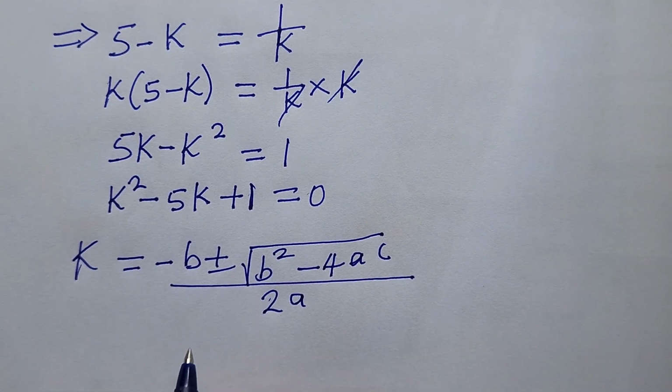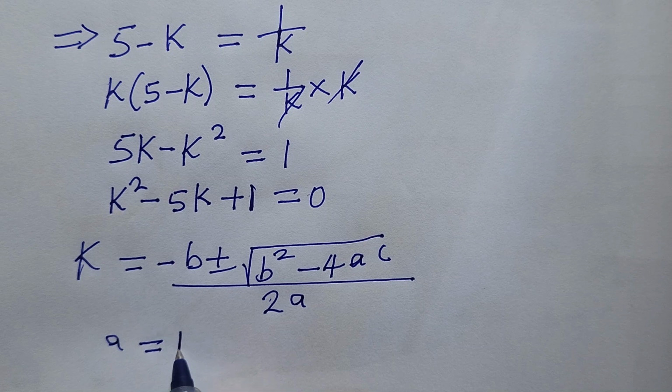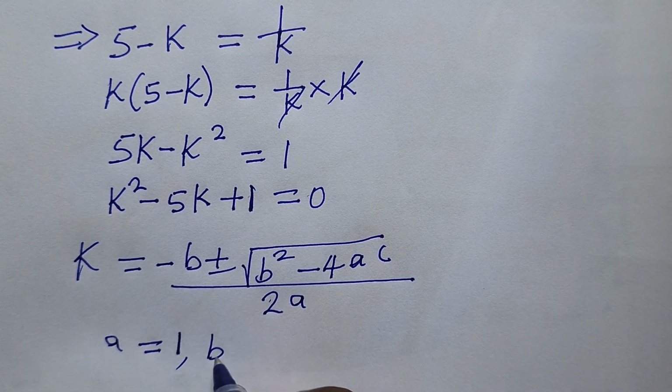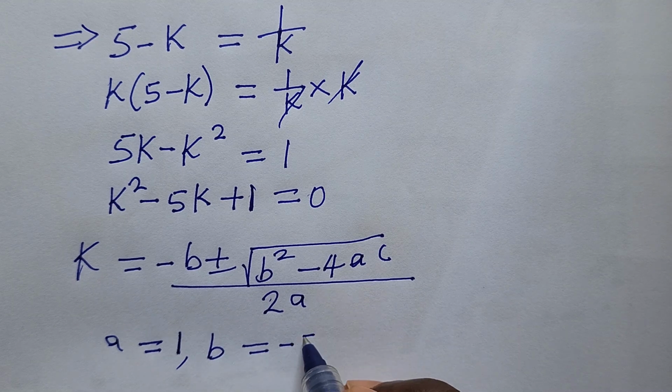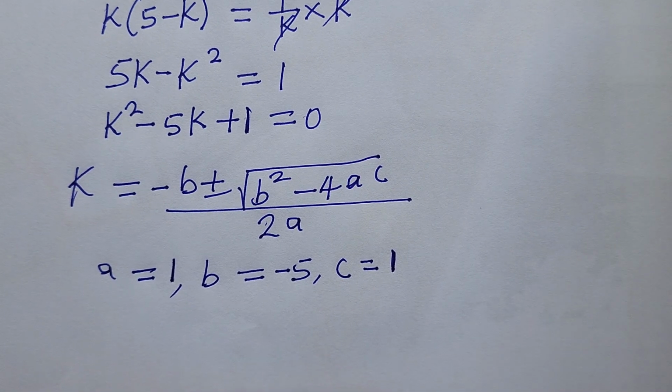So let's systematically bring out a, b, and c. a is the coefficient of k squared, which is positive 1. Then b is equal to minus 5. Then c is equal to the constant, which is 1. So let's do our substitution.